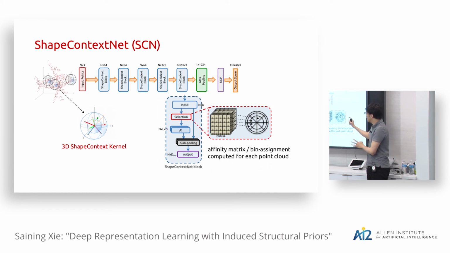You can look at the details of our paper, but the core idea is that for each of the reference points, we compute these kernels, and it's just the relative context information within that reference point. We do this for all the points in the point cloud. In fact, we are not doing max pooling at all. If there were max pooling, of course, it would break the order invariance. Yeah, that's a good point.